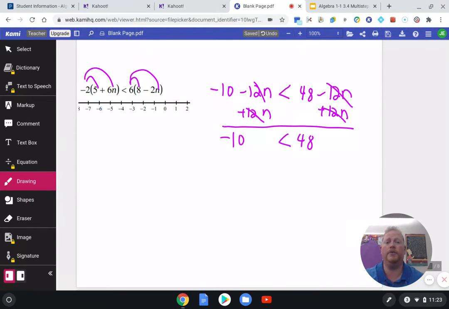So again, the variables are all gone, and we have to take a look. Is this a true statement or a false statement? Negative 10 is less than 48. That's a true statement. So I would say infinite number of solutions, or you might see it expressed as all real numbers.